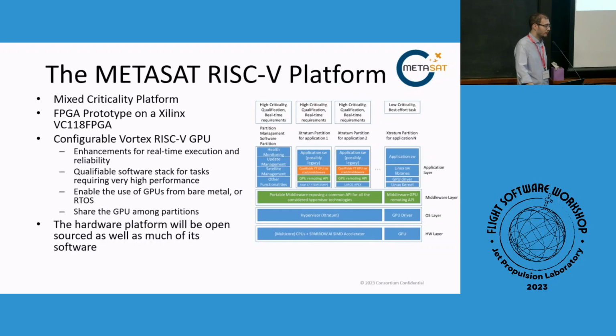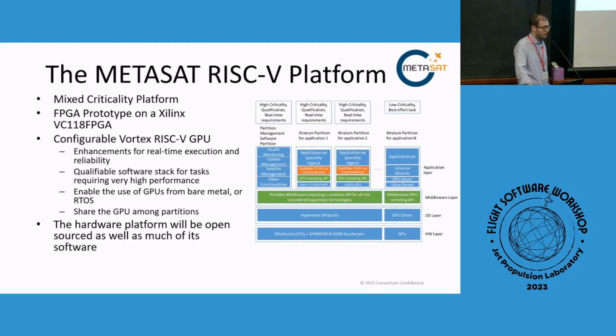And the GPU will be able to be used for software which requires higher performance that is not able to be provided by the CPU cluster. And still, we would like to have a qualifiable software stack, because one of the limitations that we have identified in our work, as I presented last year about the GPU4S project, is that currently GPU software relies on Linux and Android.